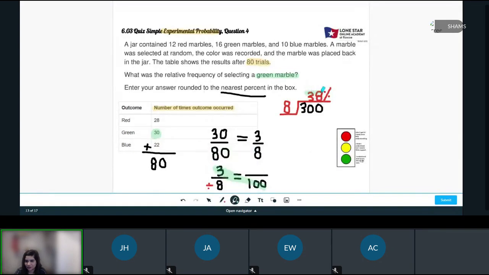Although very precisely, it is 37.5 because I know my 3/8 is 0.375. So it was 37.5, but to the nearest whole number, 38%. Then the quiz will mark it right. Otherwise, it will not mark it right. Remember, round to the nearest percent, nearest whole number.